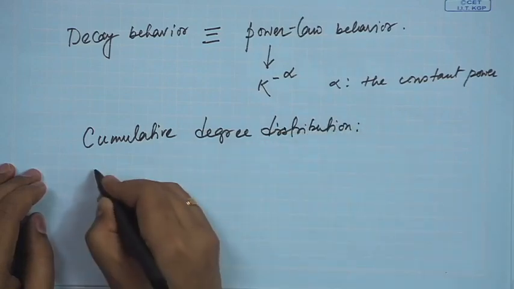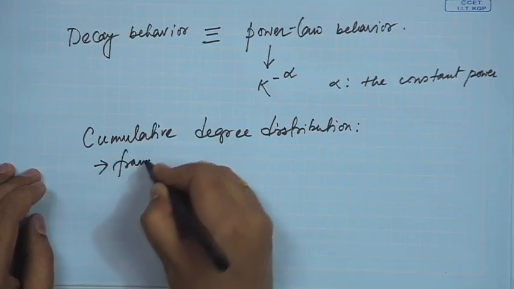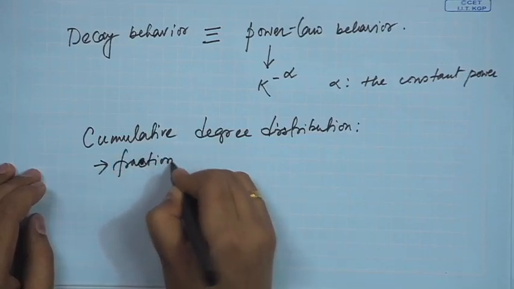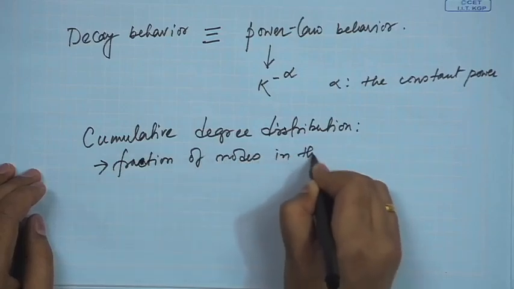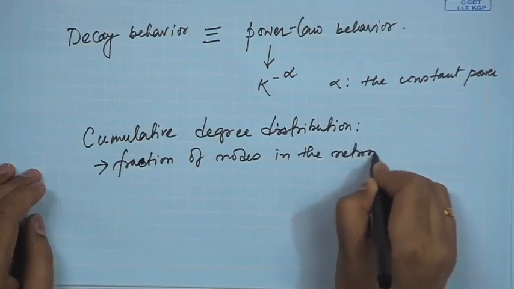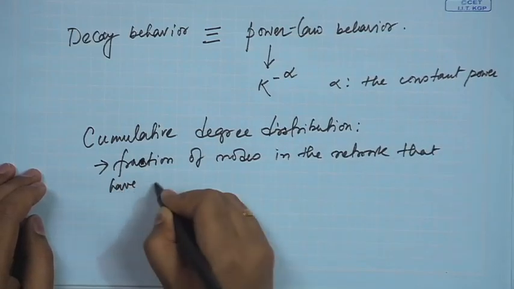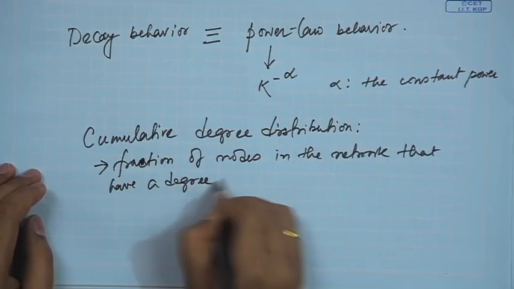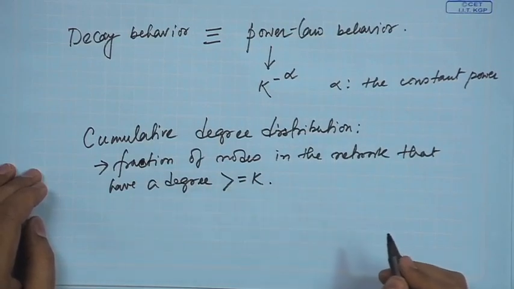This can be reinterpreted as the fraction of nodes in the network that have a degree greater than or equal to k, rather than exactly equal to k.